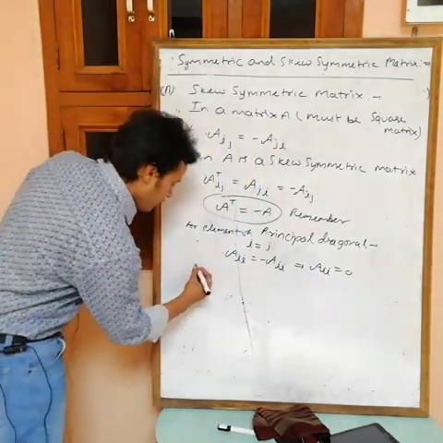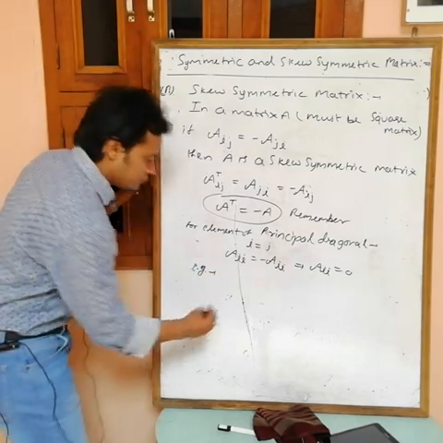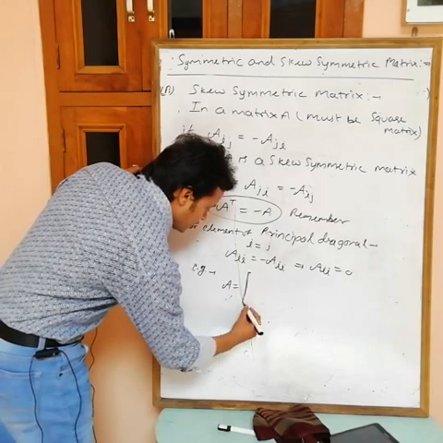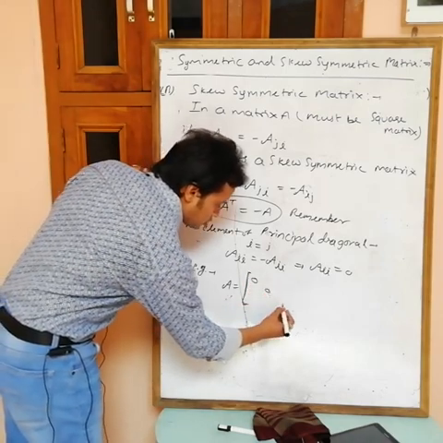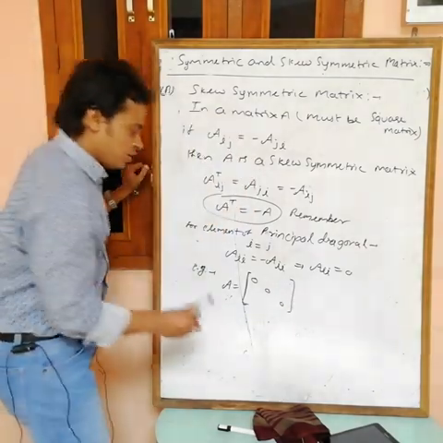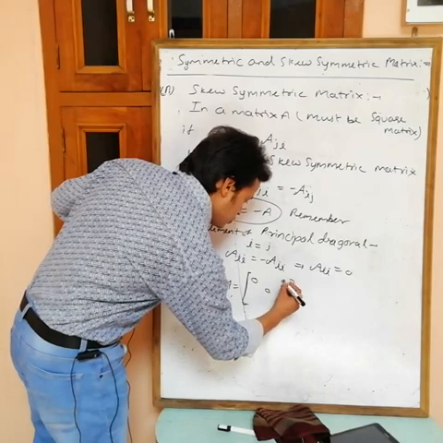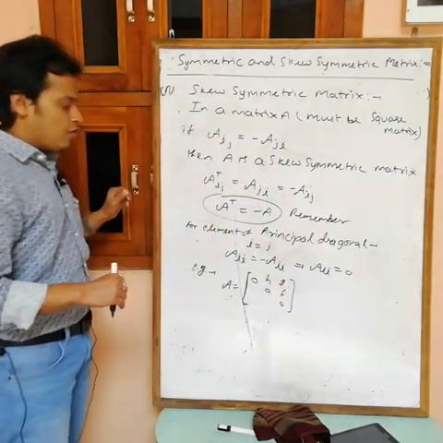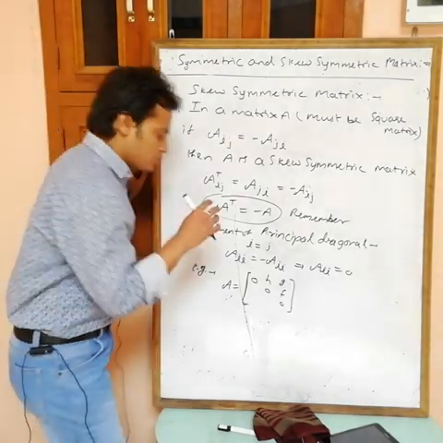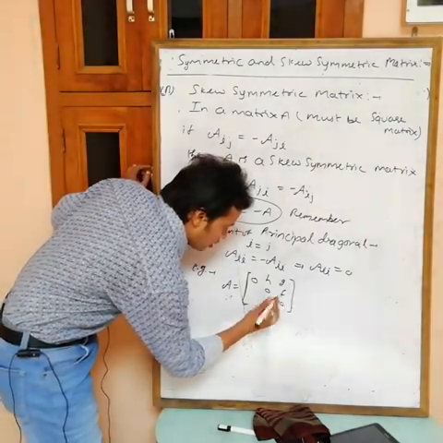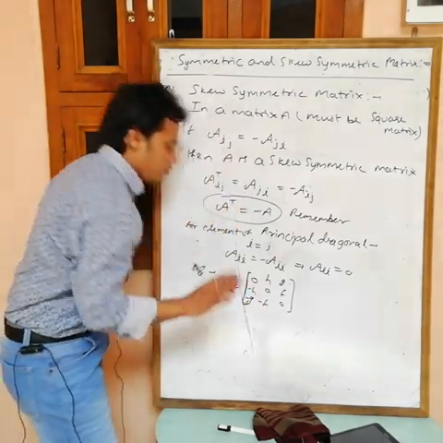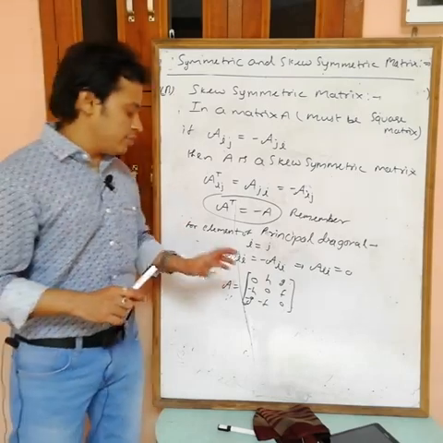For example, if you want any skew symmetric matrix, then take a square matrix with 0, 0, 0 on the diagonal. This must be 0. F, G, H. Now aij must be equal to minus of aji, so I have to take the difference of sign: F then minus F, minus G, minus H. Now this is the skew symmetric matrix.